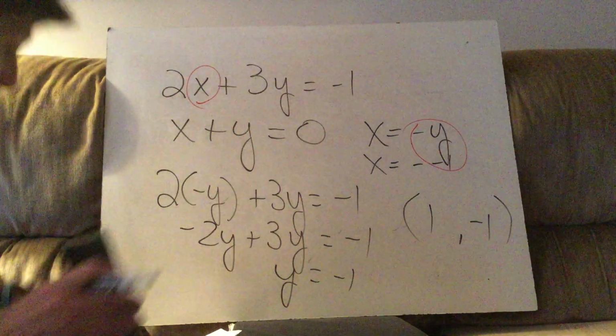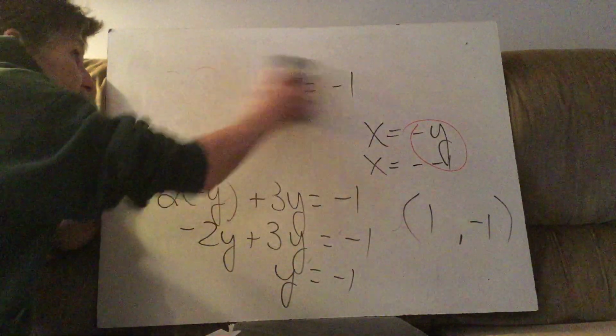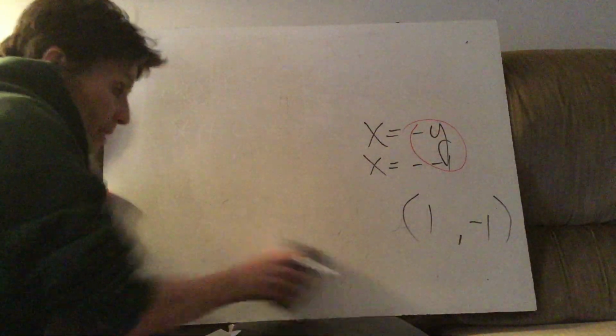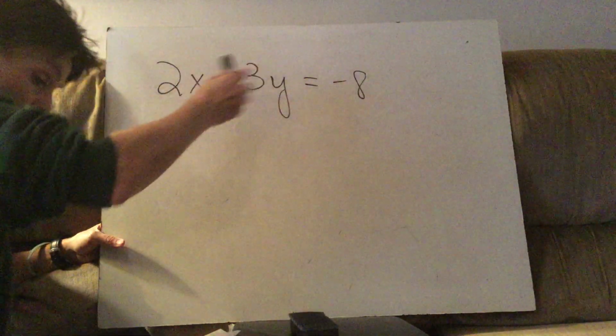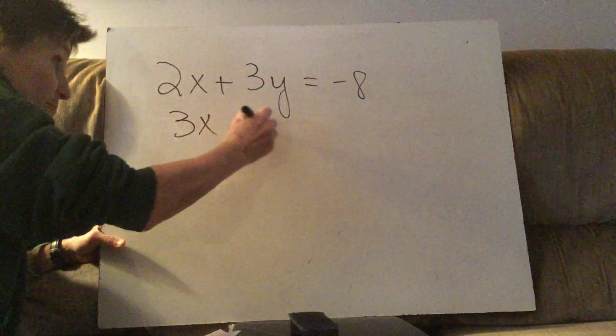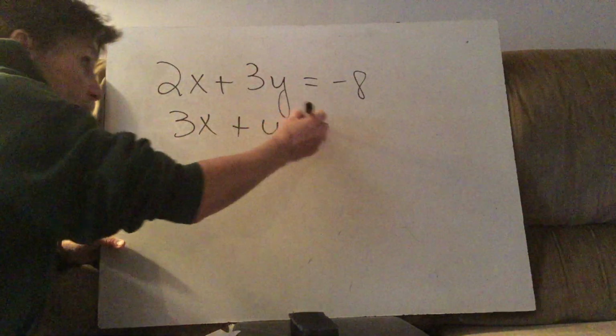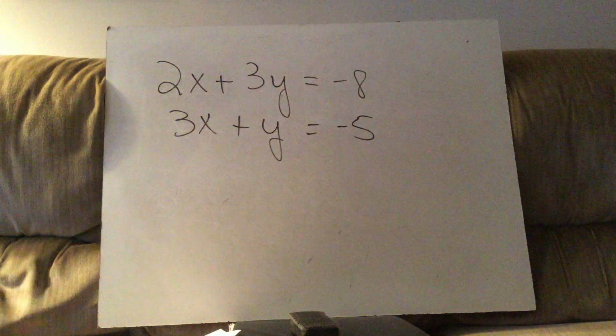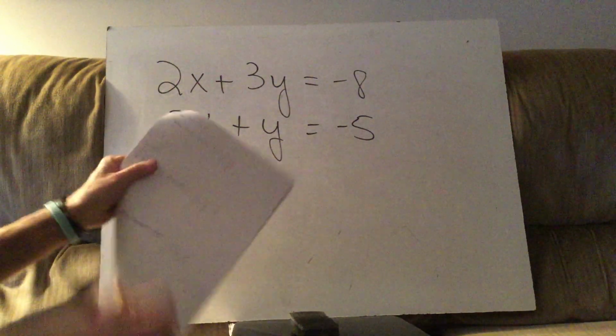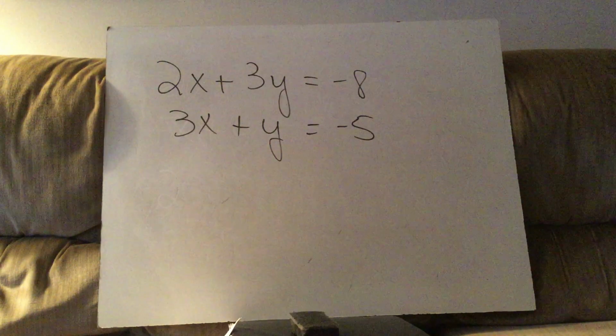Now, we're going to do exactly the same type of problem, but we're going to do it with elimination. So notice the problem looks exactly the same. You could do this problem using substitution if you wanted to, except we are supposed to use elimination according to the sheet.